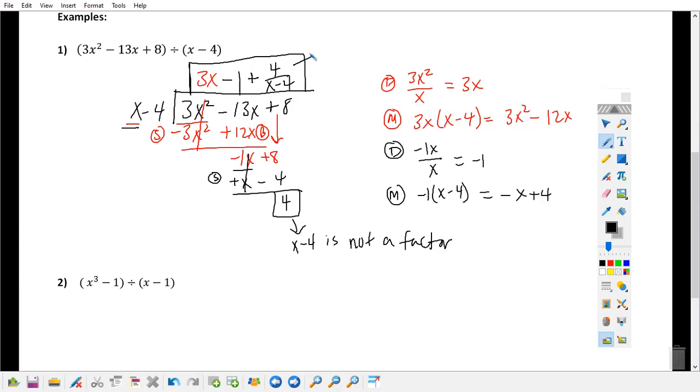So it's your remainder over your divisor. So 3x squared minus 13x plus 8 divided by x minus 4 is 3x minus 1 plus 4 over x minus 4.